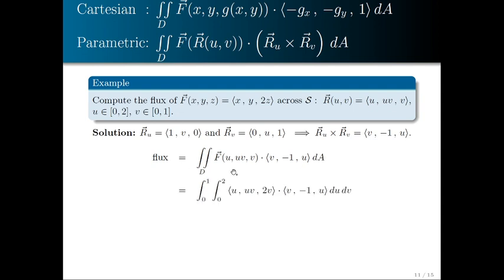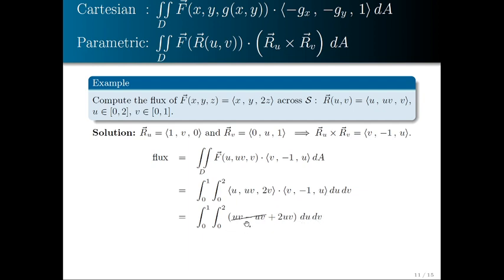F of u, uv, v: x would be replaced by u, y is replaced by uv, and z is replaced by v. So 2z would become 2v. After that, we just get the dot product between these two vectors and integrate with respect to first u, then v.